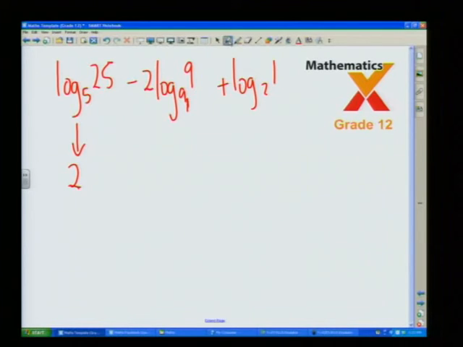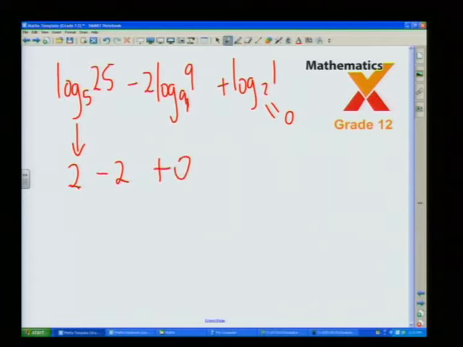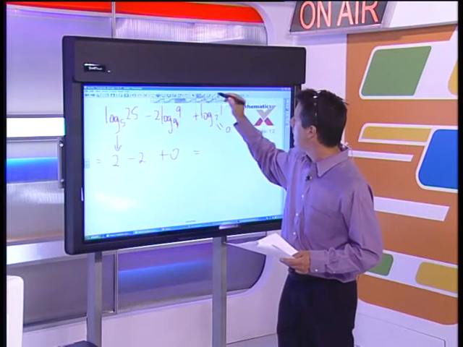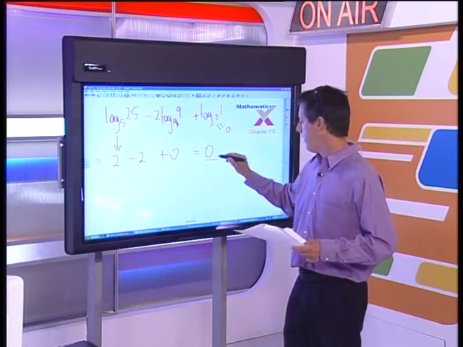Here where I've got the log of 9 base 9, you know that that is just 1. When you've got the same number, but the number at the front is negative 2, so I'm going to get negative 2. When you've got the log of 1, irrespective of that base, this thing is always going to be 0. The log of 1 is 0. And so what you're doing is you're adding 0. Okay? And so your answer is 0. I've said 2 minus 2 is 0, plus 0. And so I'm going to get 0.